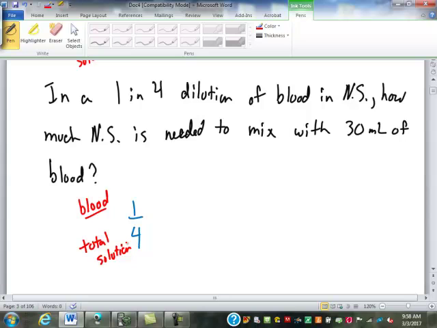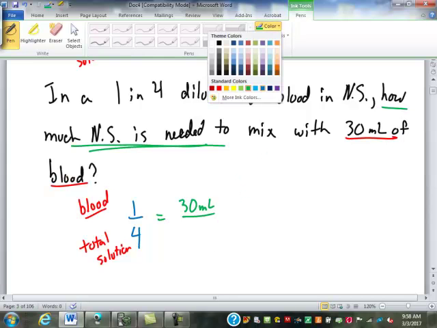So now here, we have 30 milliliters of blood given. So that would go with the blood. Are we looking for the total parts? No, we're asked how much of that normal saline is needed. So we're not looking for the total solution here. So we have a couple of different options.